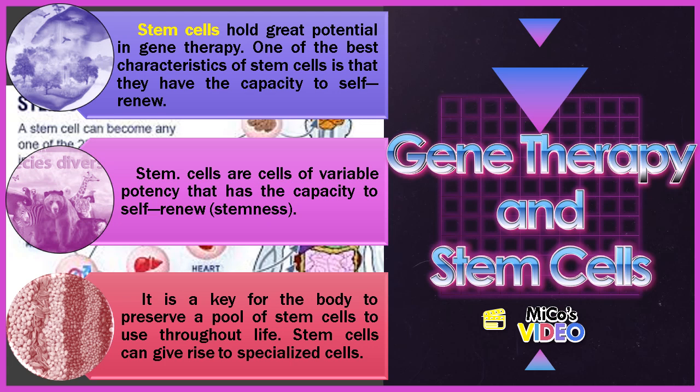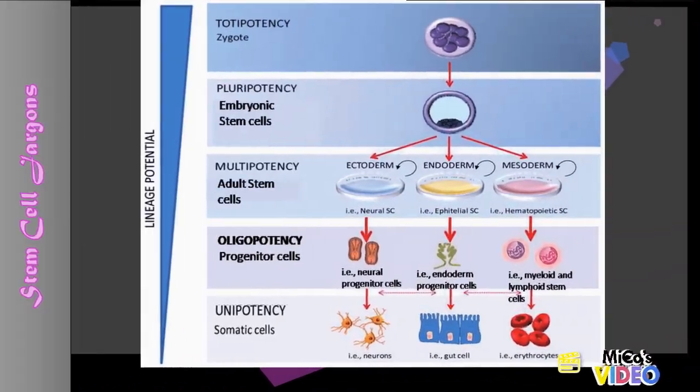Stem cells can give rise to specialized cells, and these specialized cells cannot make copies of themselves once worn out. However, they can be replaced in the body through stem cells to still carry out their functions.